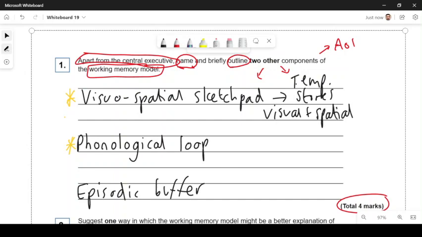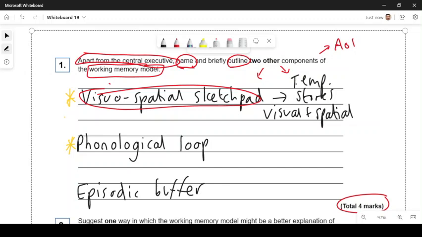You could say it has limited capacity. You could be talking about the fact that it codes visually. How much you need to include though is not lots, because remember you've got 1 mark already for this by just naming it, so you don't need lots and lots of information.